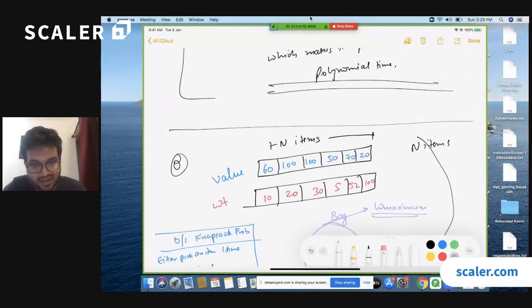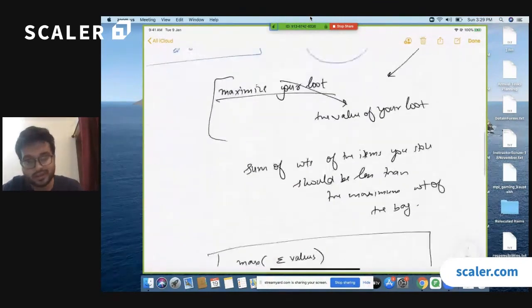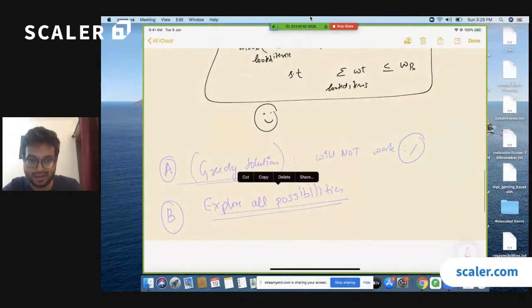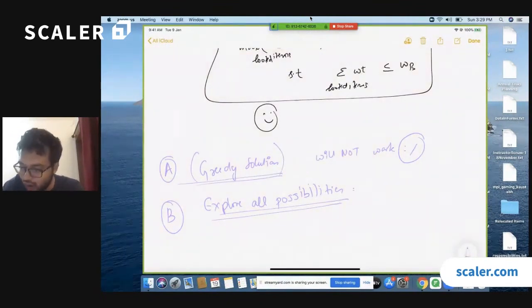If you pick the first item, do you want to pick the second item or not? If you picked the first item and did not pick the second item, do you want to pick the third item or not? These are consecutive decisions that you are taking. And for these kinds of decisions, if you want to explore every such possibility, then one possible way that you should think about is the class of DP.